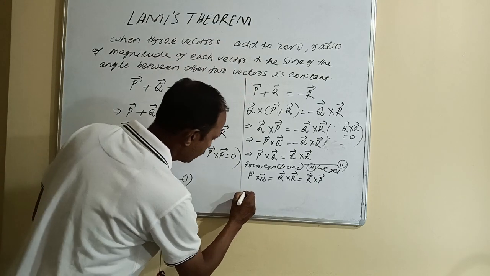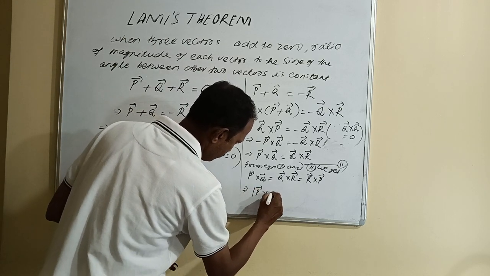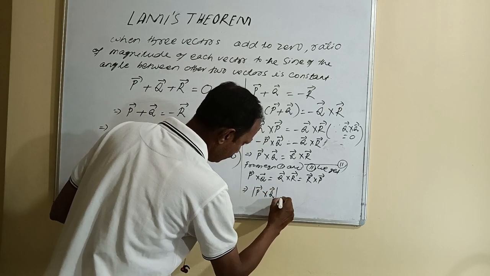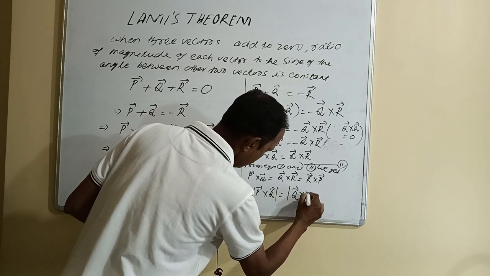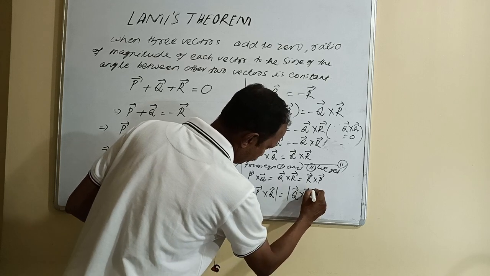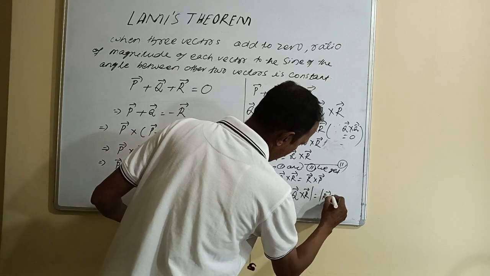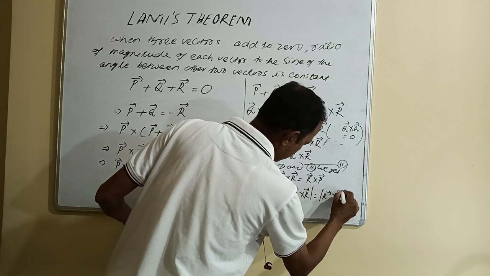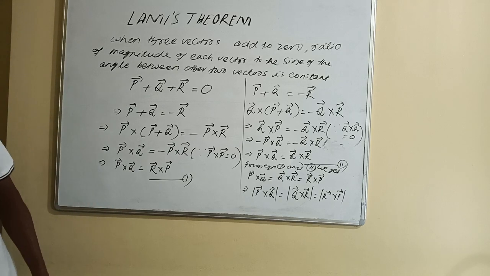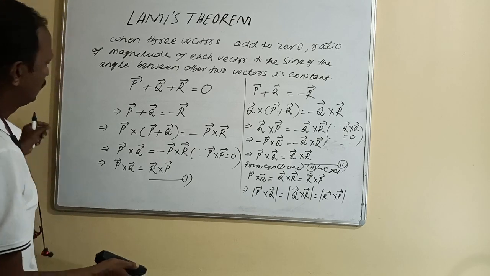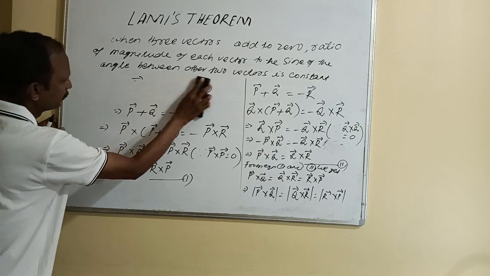Otherwise I can write here mod of P cross Q is equal to mod of Q cross R is equal to mod of R cross P. Both sides of the equation I took modulus. Okay, so children, I am drawing this portion.